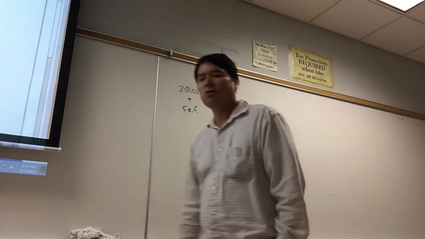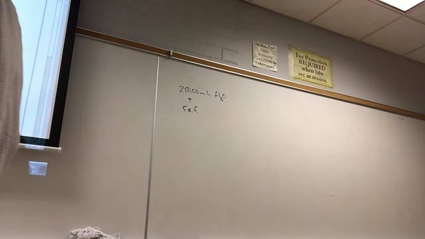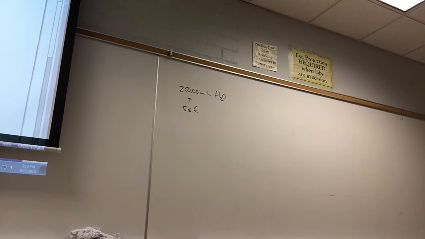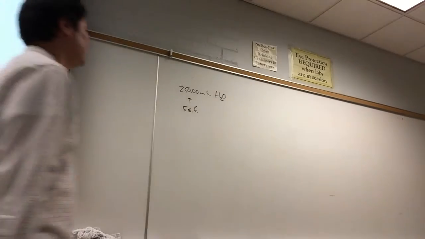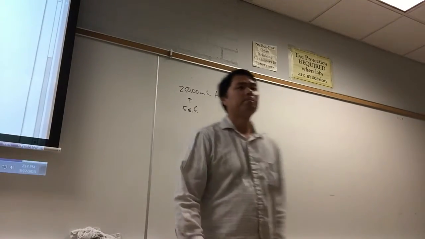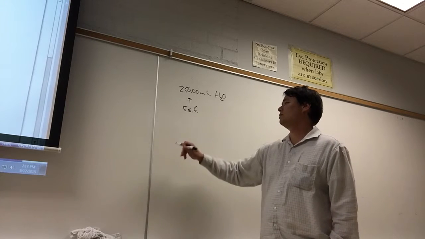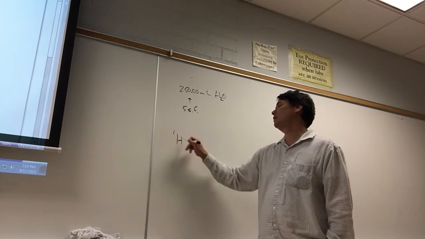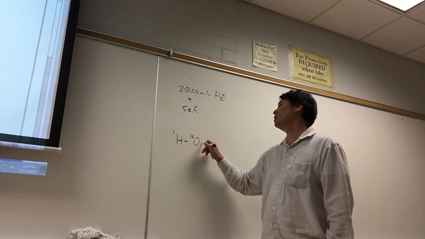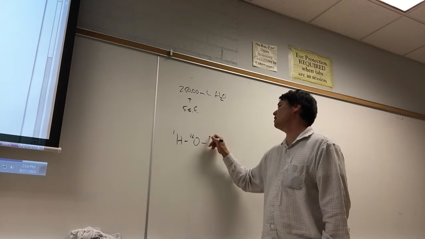I didn't even give you the hard one. As far as the probabilities go, I could have given you the hard one, which I've given on past tests. You know what the hard one is? Let me do a quick aside. What is the probability, in other words, the percent natural abundance of this?